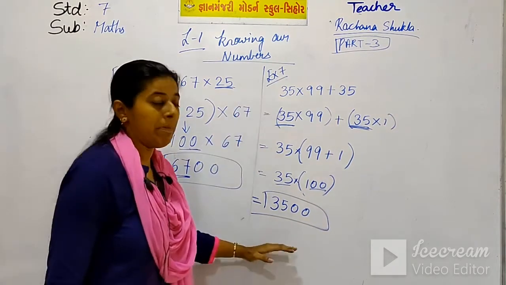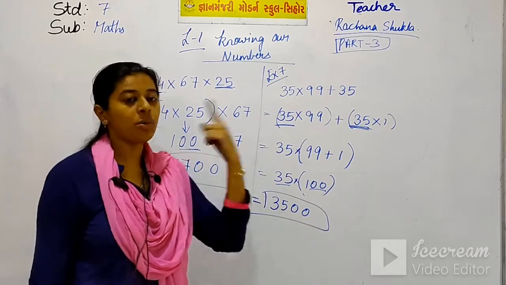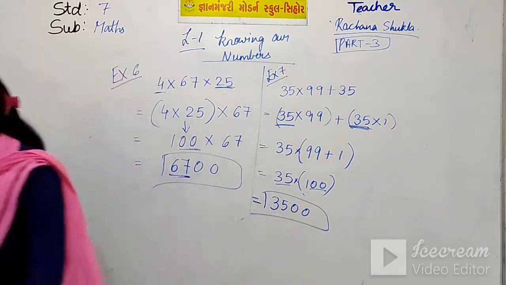So this was the easy multiplication method. I will show you one more sum, that is example 8.